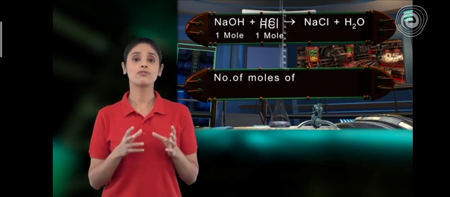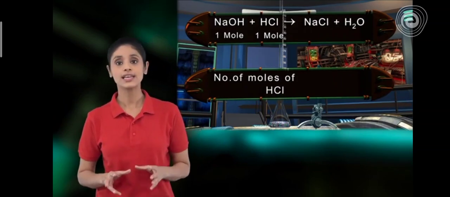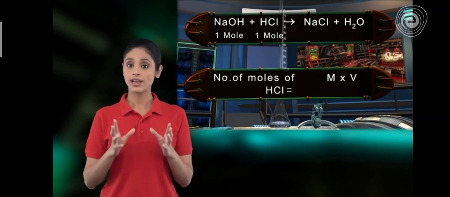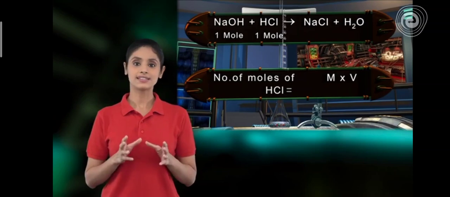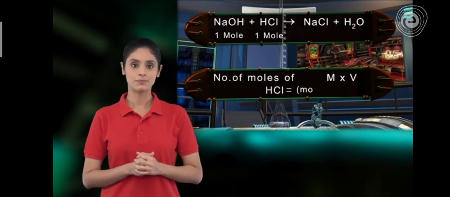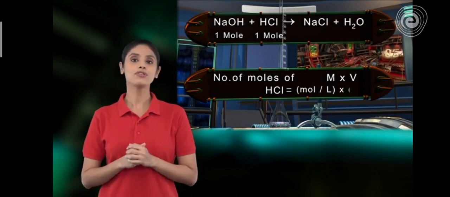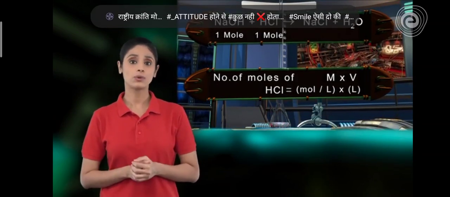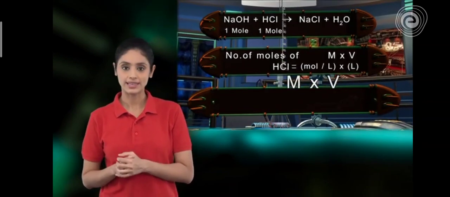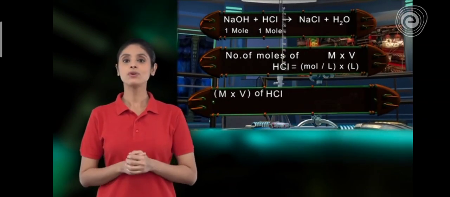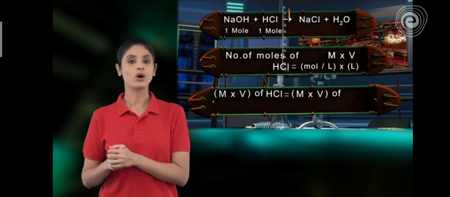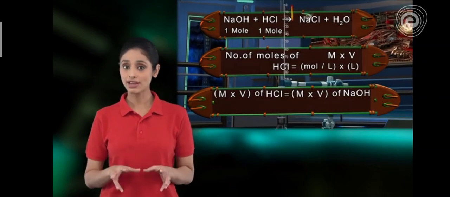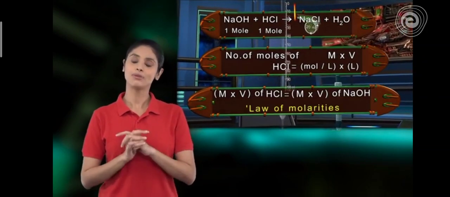The number of moles of HCl in a given solution is given by M multiplied by V, where M is the molarity of HCl in mole per liter and V is the volume of the solution in liters. Thus, from the chemical equation, M times V of HCl is equal to M times V of NaOH. This equation is often referred to as the law of molarities.